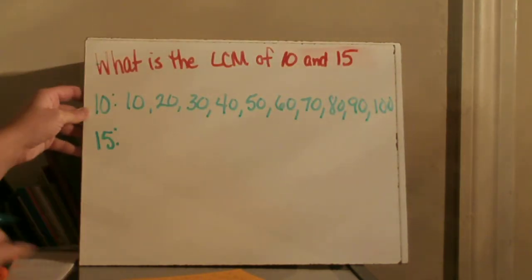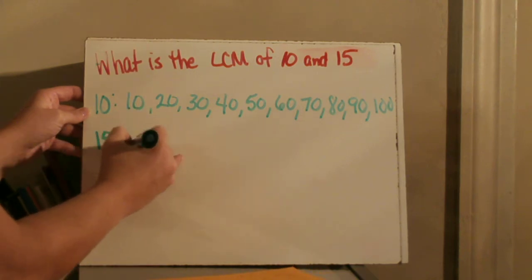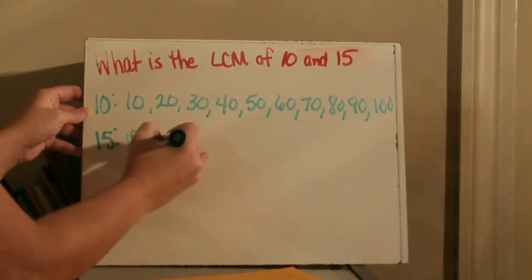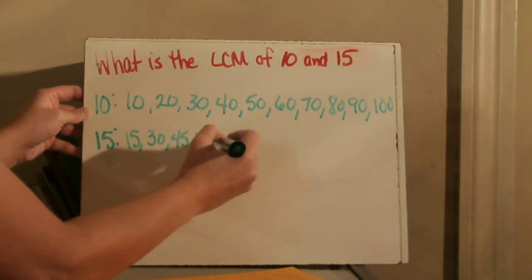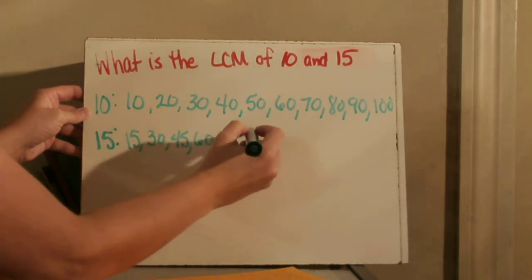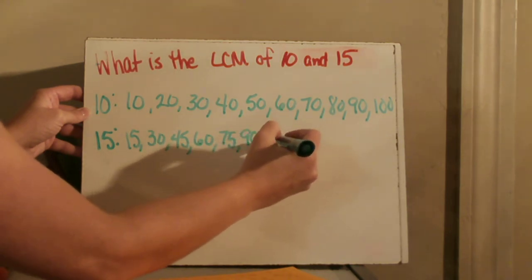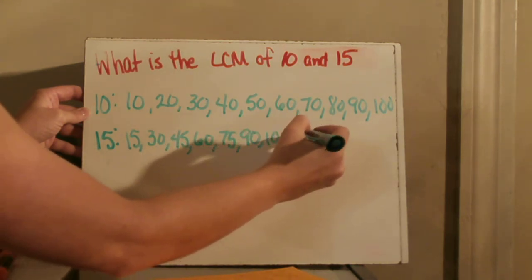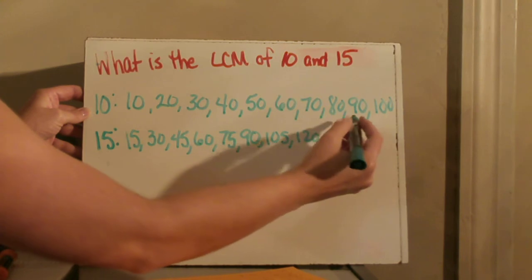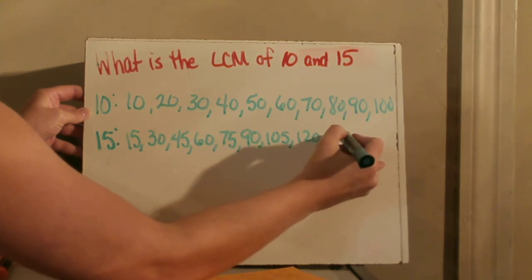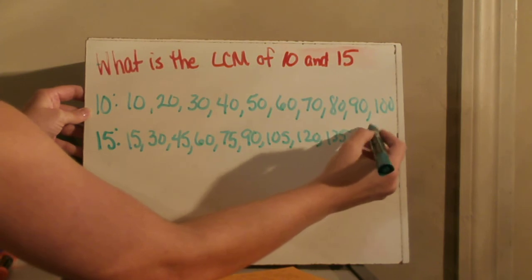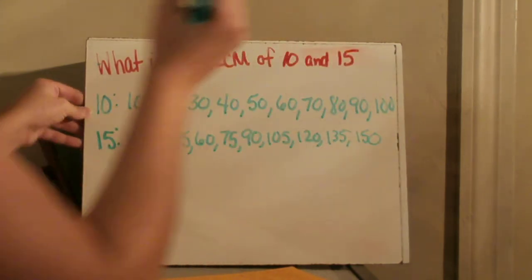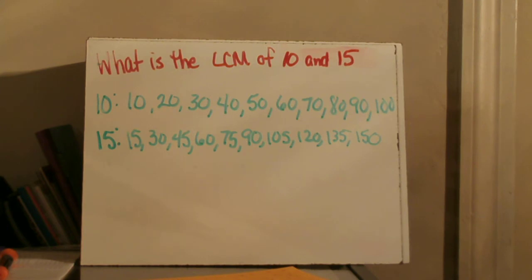The first 10 multiples of 15 are 15, 30, 45, 60, 75, 90, 105, 120, 135, and 150.